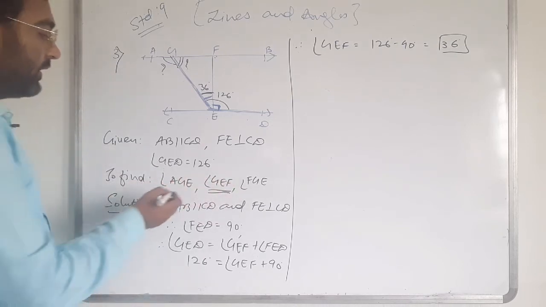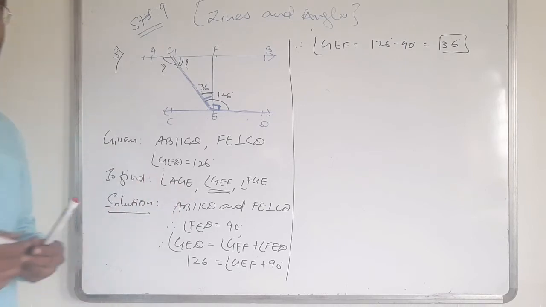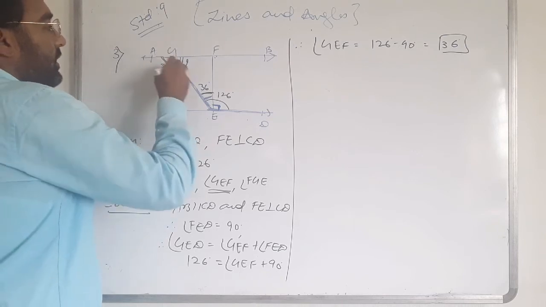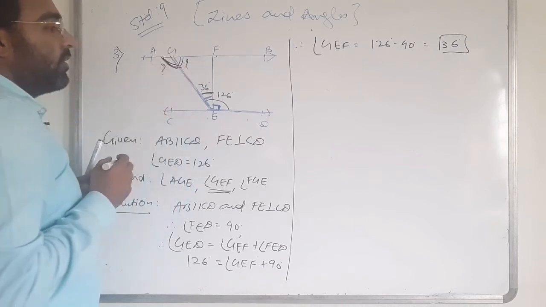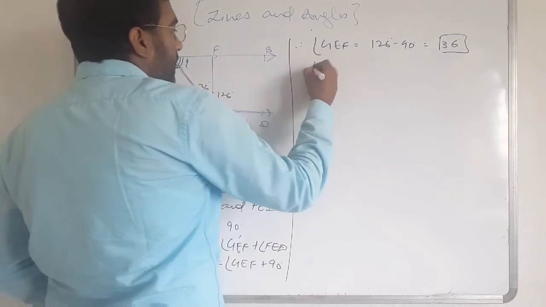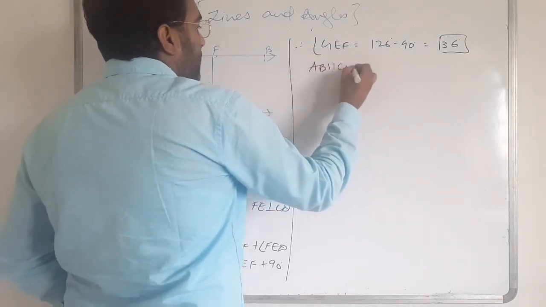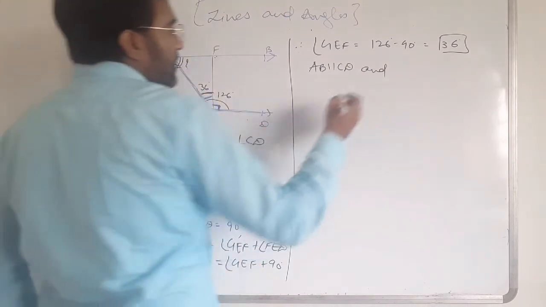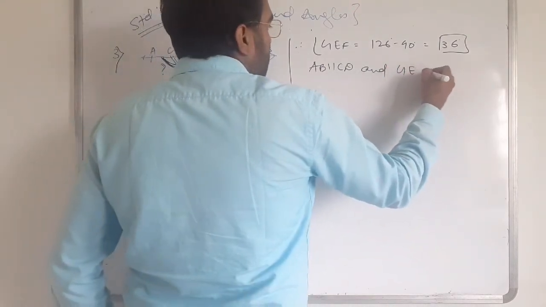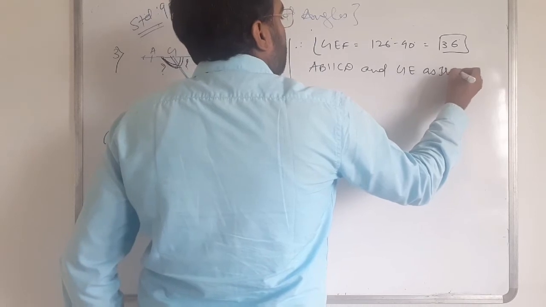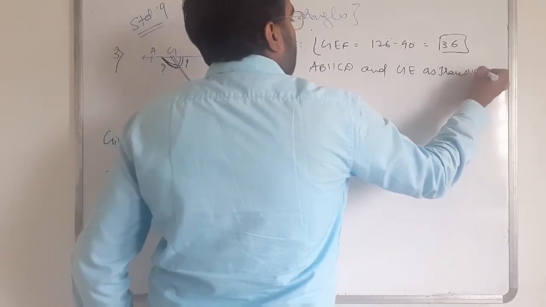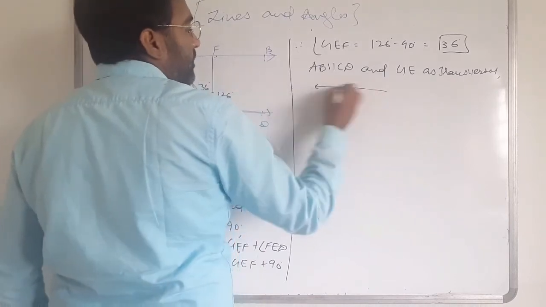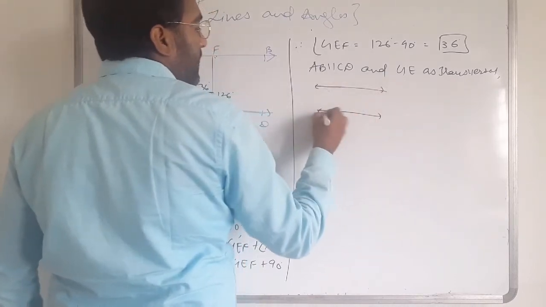For the angle AGE, we have to find this angle. For that we take AB parallel to CD and GE as a transversal. So what kind of figure do they form? Here is my AB and here is my CD.